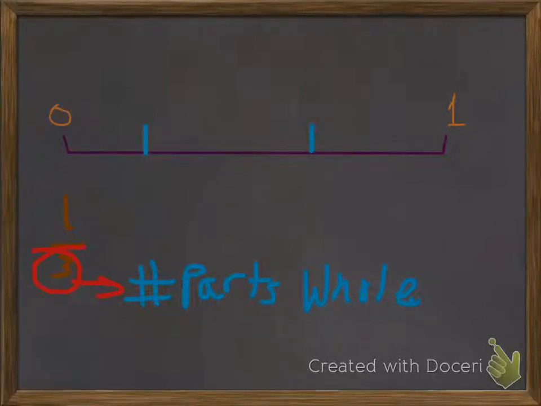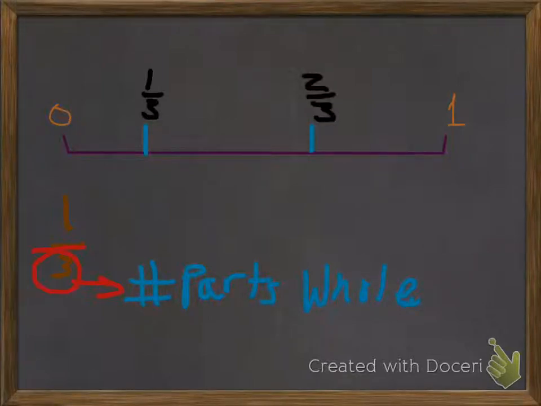So yes, understand that this whole is broken into 3 parts with the 1/3, but with things like halves or fourths, it's important that you understand that every number has different numbers of parts. So with this, each one of these little tick marks would be 1/3, which is what you were given, and then 2/3.